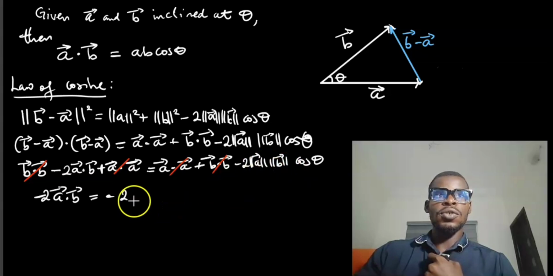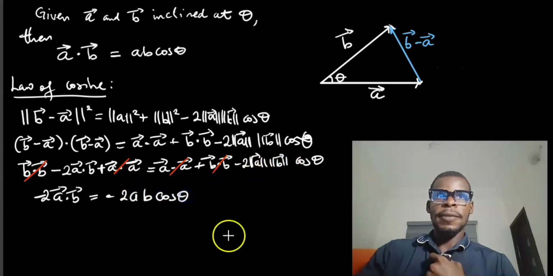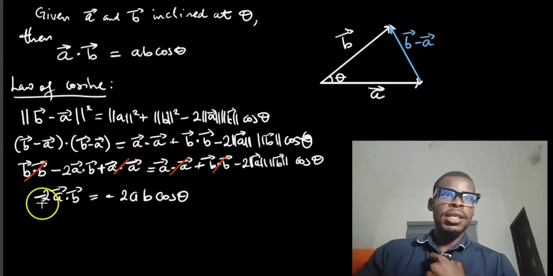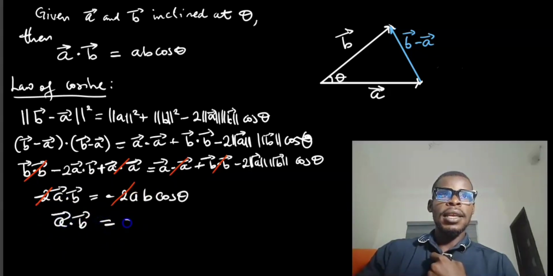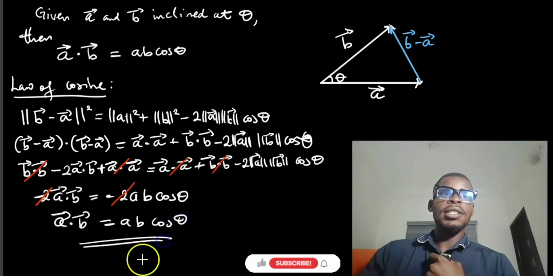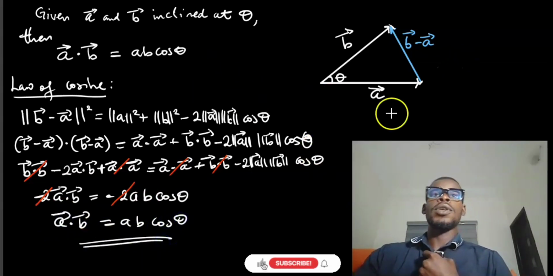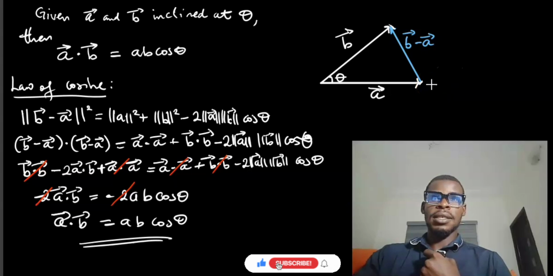So please permit me to just write ab to denote the length, right? Times cosine theta. Of course, again, we can cancel this and that. Negative 2 cancels out with itself, by dividing both sides by negative 2. We are now left with the dot product of vectors a and b as the product of their lengths times cosine of theta, which is the desired result. That's what we wanted just by rewriting this. I hope that's clear enough.